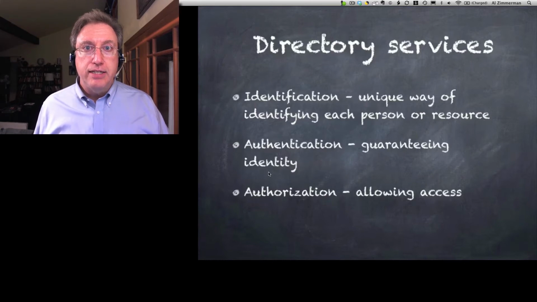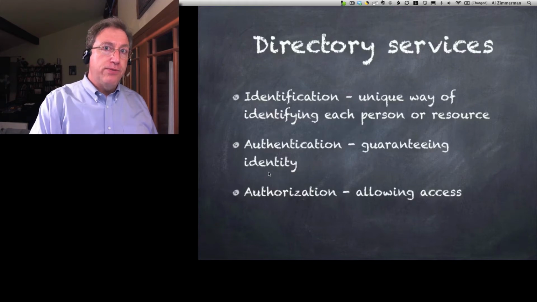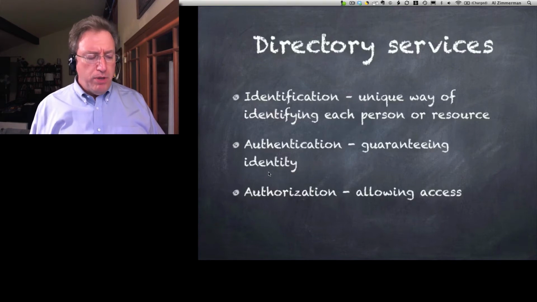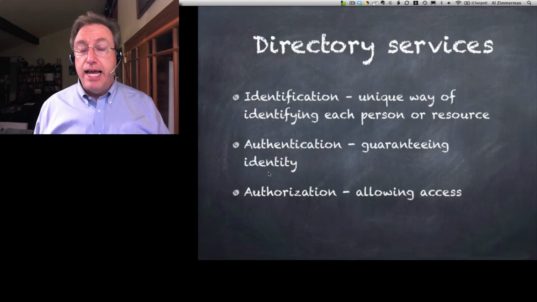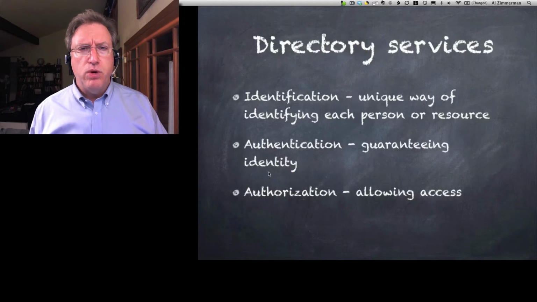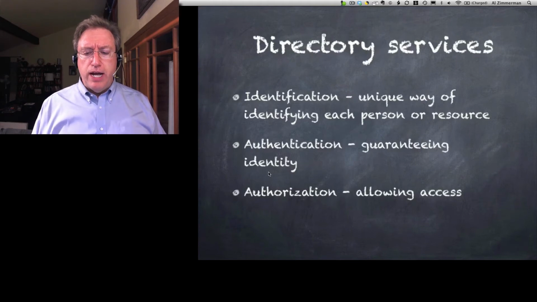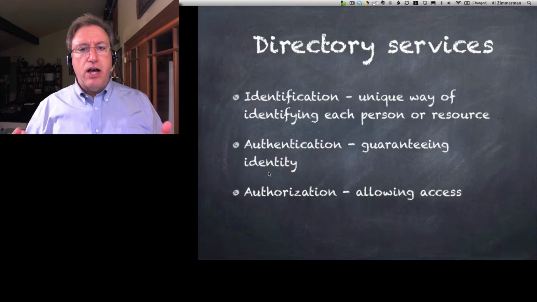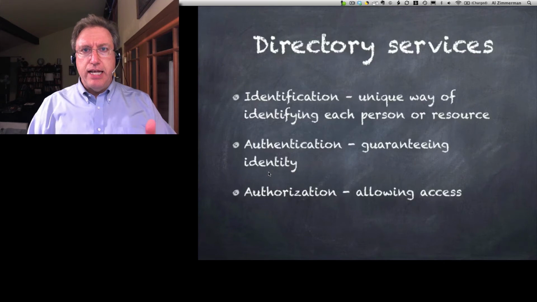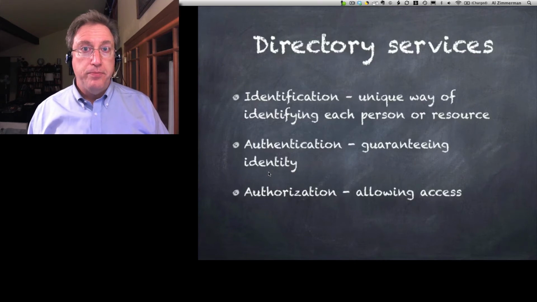Two-factor authentication requires that you not only provide the first factor, your password, but also a phone or a little fob where the network sends you a number, and then you enter that into the system as well. It can get even more strict using biometrics, for example, where they require you to provide a fingerprint or a retinal scan. In any case, authentication guarantees that you are who you say you are.